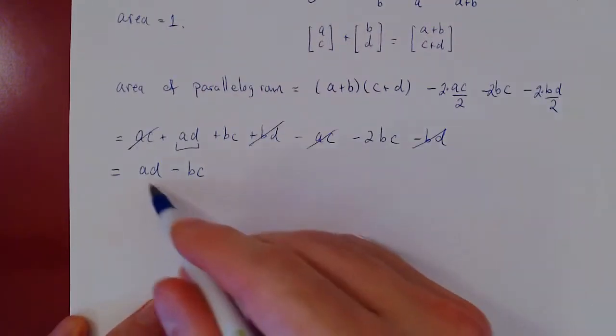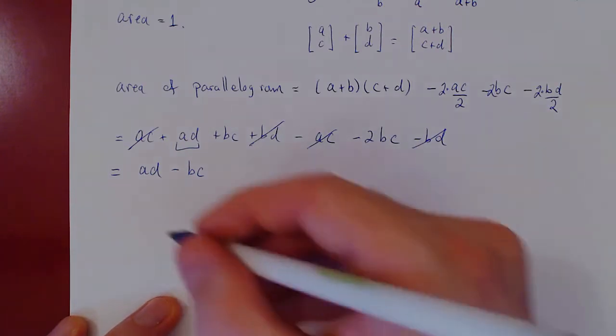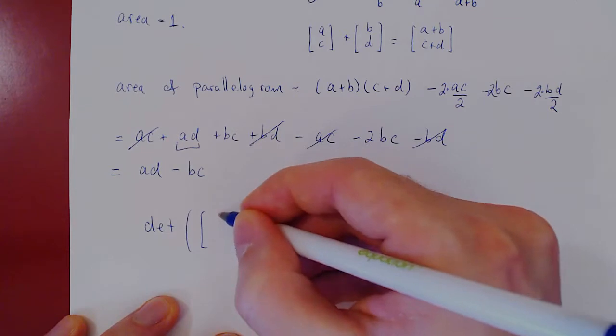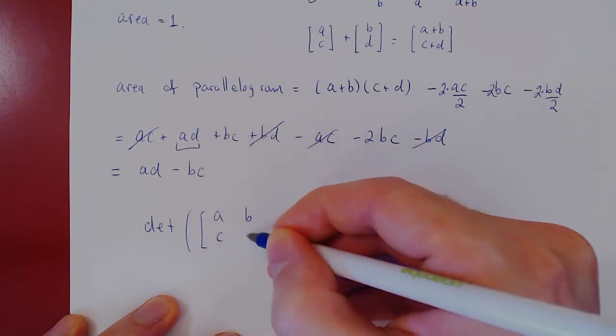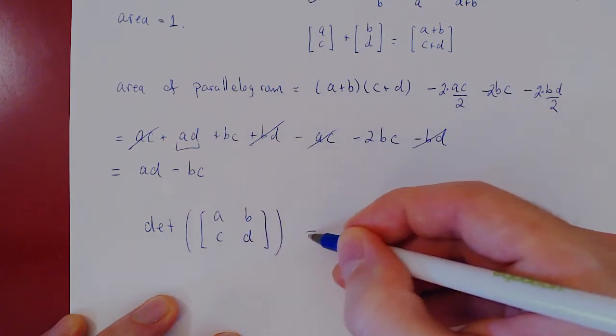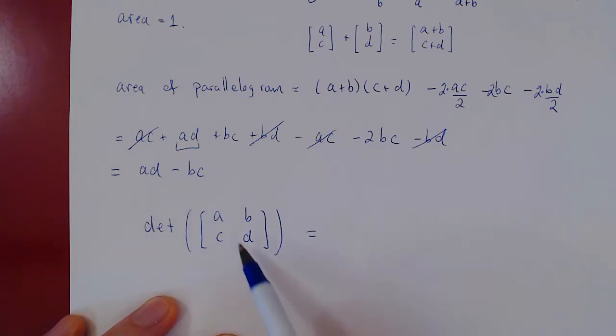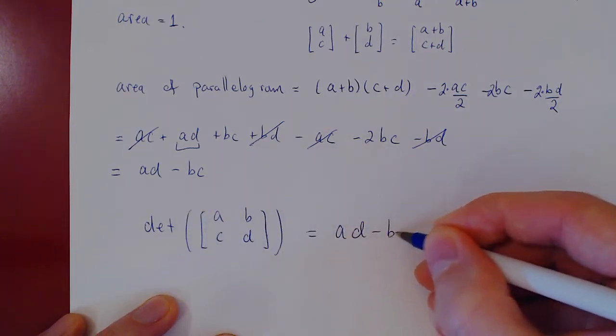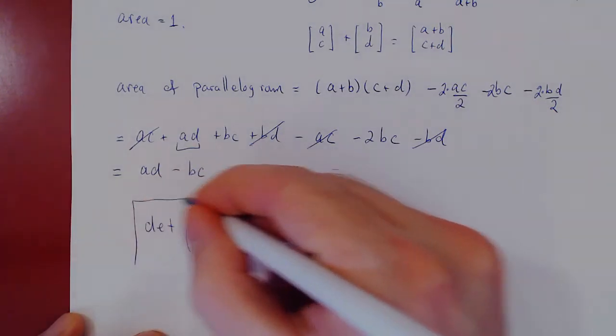So now we have the determinant of a 2 by 2 matrix. The determinant of a 2 by 2 matrix given by A, B, C, D is, if you notice here, A times D minus BC. So it's AD minus BC.